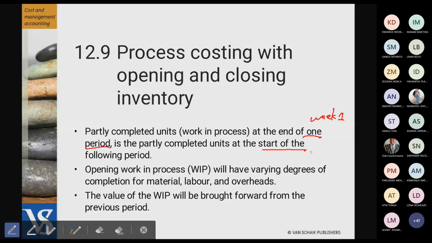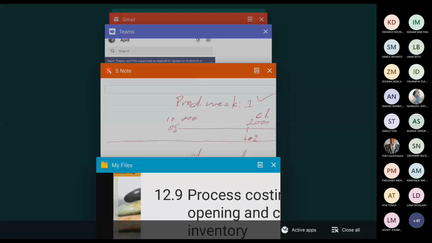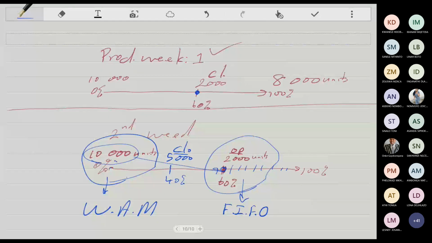It says, guys, as we've seen in the example that we've used in our demonstration, if you look at that example, looking at that 2,000 units, that 2,000 units is already sitting at 60%. It was at 60% by the time we were closing week 1. And again, it's still sitting at 60% at the beginning of week 2.